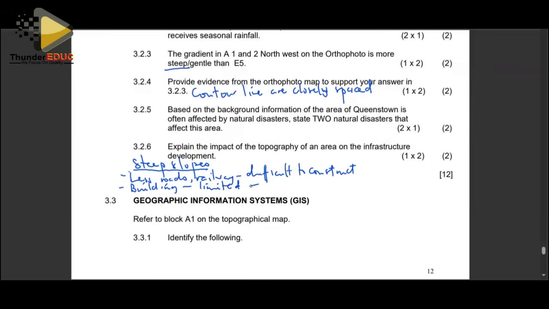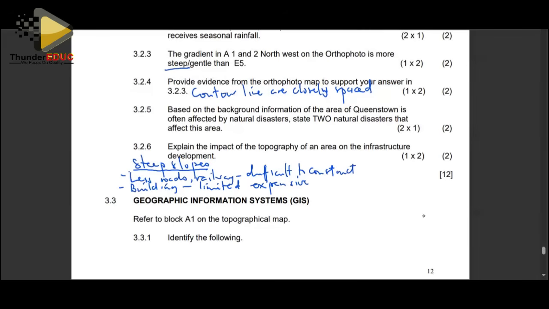Because it's expensive to construct in steep sloping areas. So you look at the different forms of infrastructure, like communication infrastructure, power supply. It will be difficult for those areas to have such infrastructure because it is very difficult to access those areas.